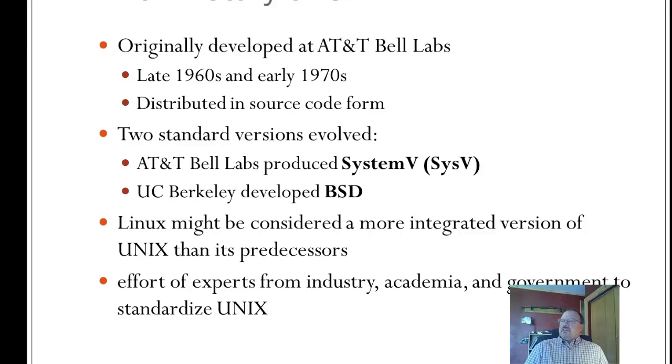Unix is considered truly a mainframe system. Linux can be a mainframe system, but is typically more of a network operating system, a single web server kind of system, and also a desktop system. So it really can be used in any of those scenarios.